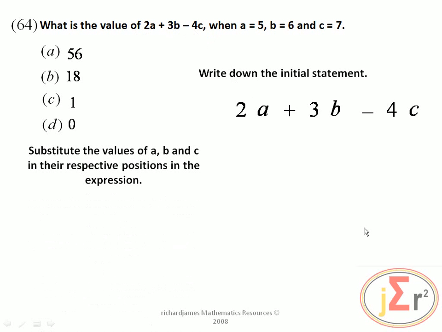Now we need to substitute the values of a, b, and c in their respective positions in the expression. So a is equal to 5. b is equal to 6. c is equal to 7.